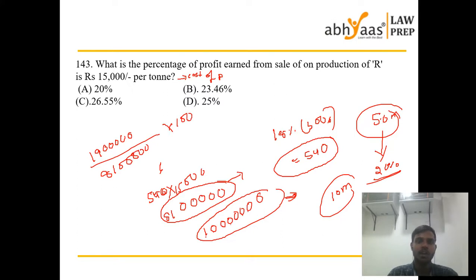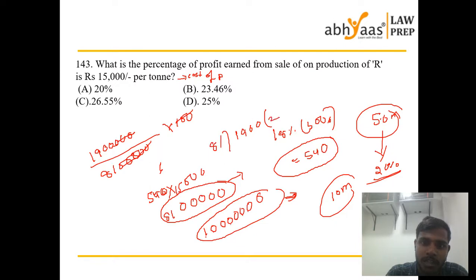This will give you the answer. If you see, these zeros get cancelled, so the answer will be 1900 divided by 81.